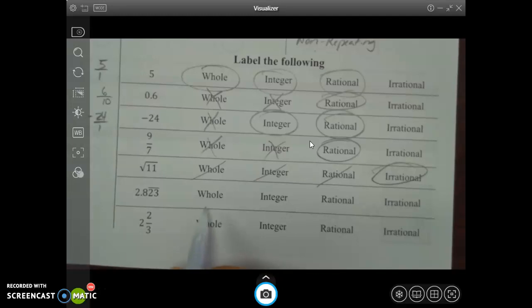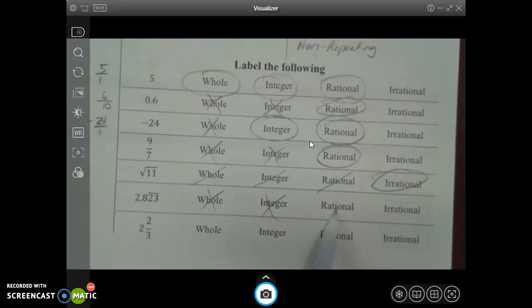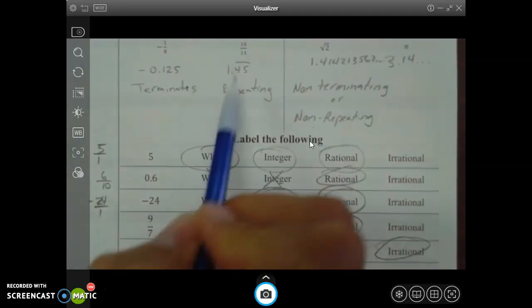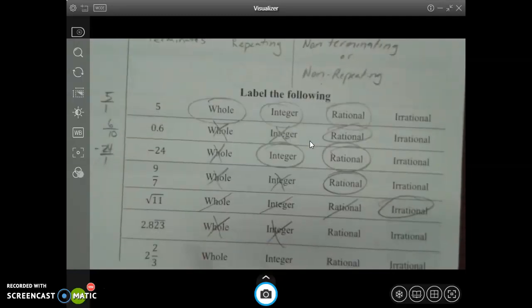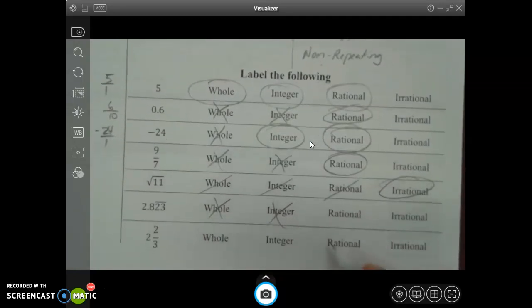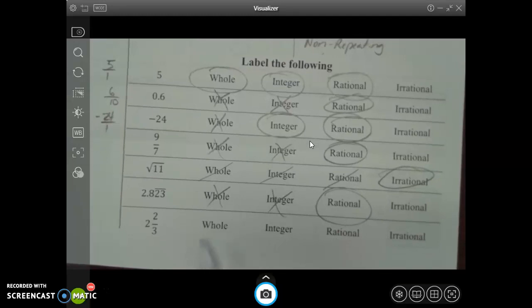Next one. Is this a whole number? We have a decimal, so it's definitely not whole or an integer. Is it rational? Yep. We mentioned that if it's repeating, that's what that line on top means, it is a rational number. So this is just rational. Is this a whole number?